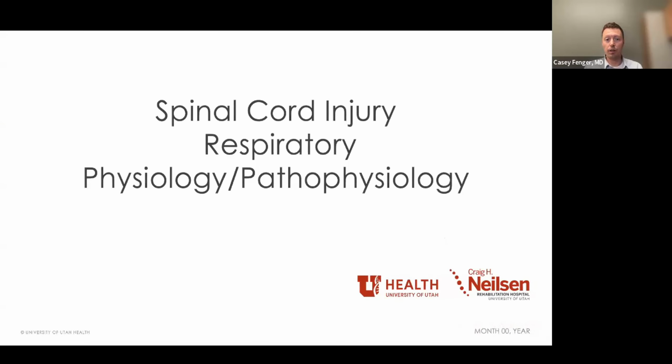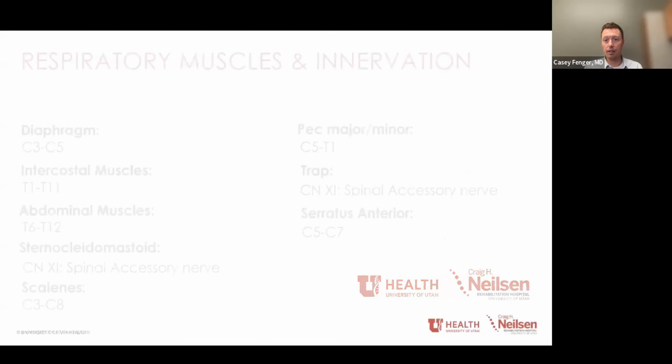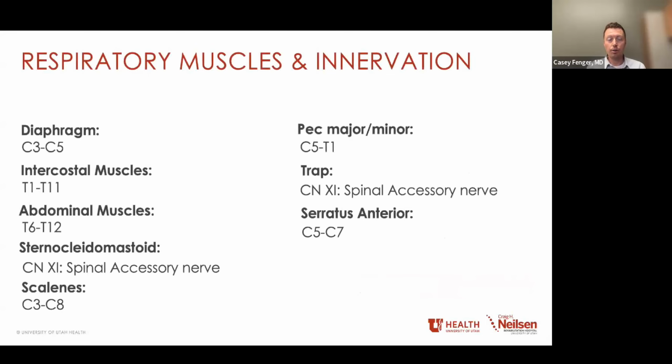So, starting with physiology and pathophysiology. There's many muscles involved in breathing, respiration. The diaphragm comes from C3 to C5. Our intercostal muscles are T1 to T11. Abdominal muscles are T6 to T12. We have a couple muscles innervated by cranial nerves, both our sternocleidomastoid and our trapezius.